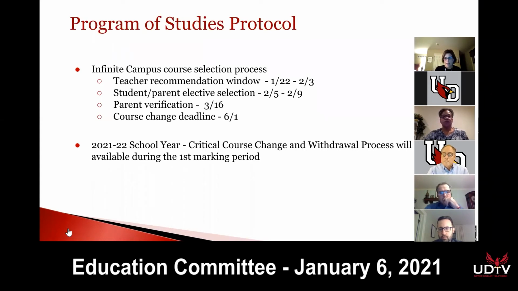From now until the 16th, there are many conversations that happen. As I say these dates, please keep in mind that conversations are fluid. Teachers are communicating with students, and parents can have conversations with teachers about what those recommendations are and what those elective classes look like.